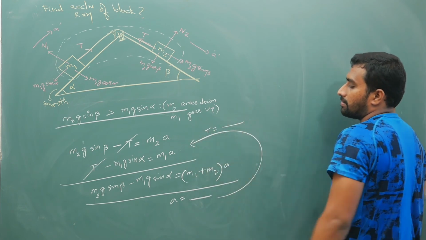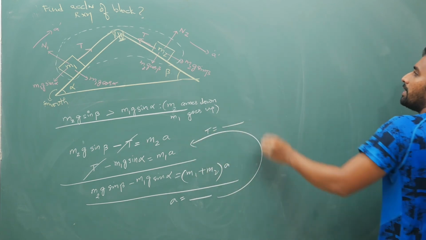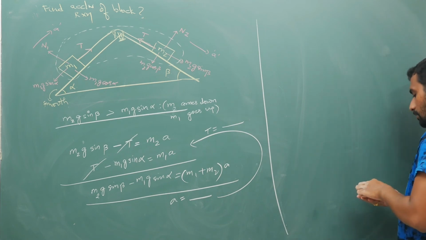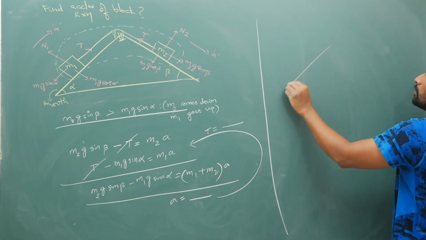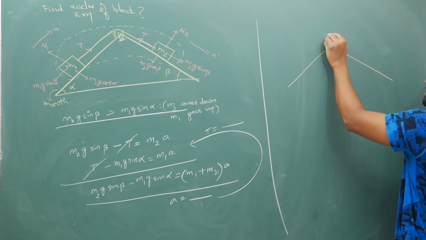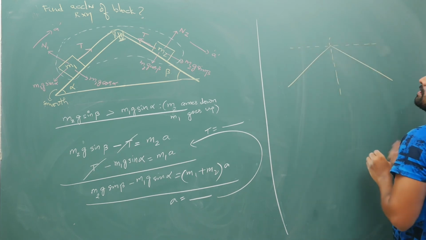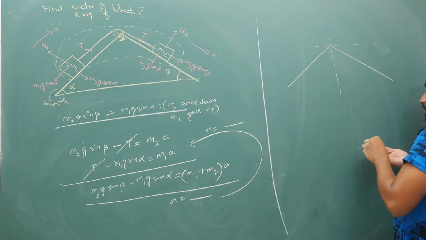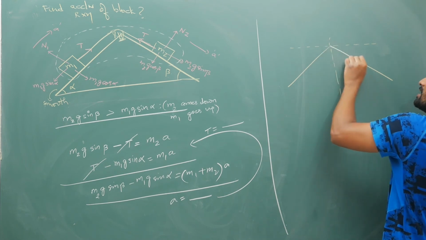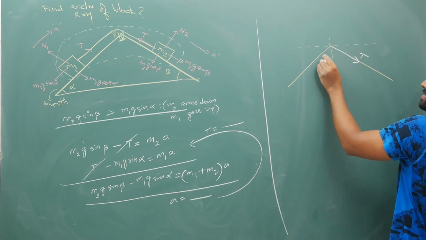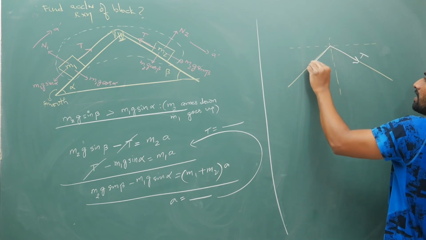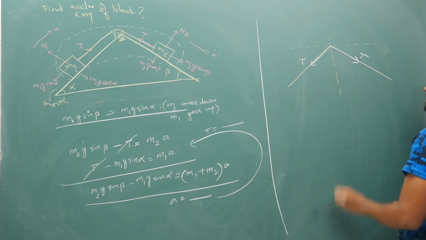Okay, now coming to the reaction at support. At the support, if you want the reaction, just draw your reference axis like this. Now on the pulley, having the string like this will cause one T this way, and having the string this way will cause one more T like this.